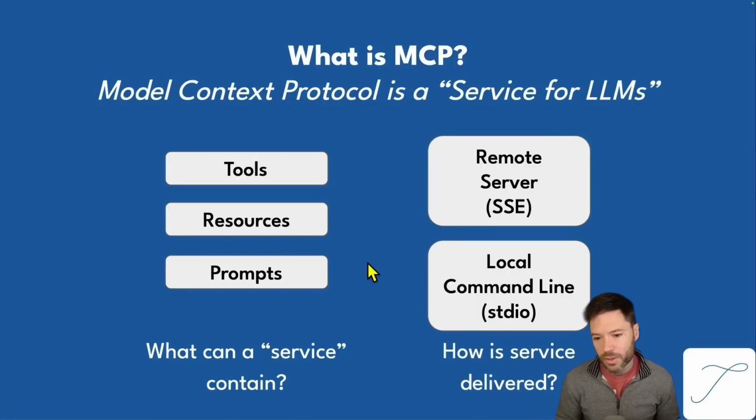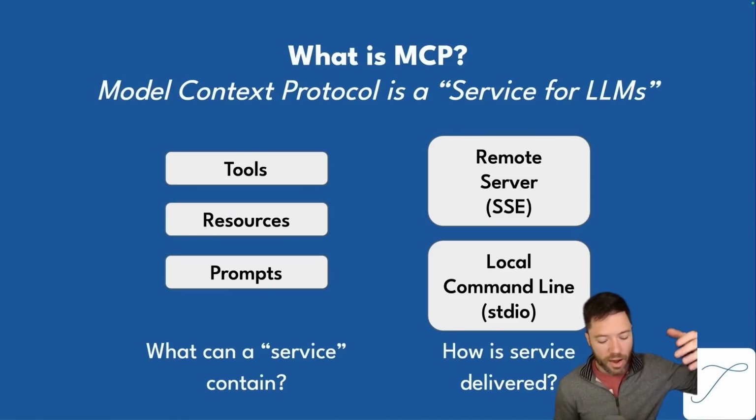Now, there are two ways to run an MCP service. You can run it locally or you can run it remotely. What does that mean? Well, if you have a tool service, this is again providing information on the tools available for GitHub and actioning those tools, actually making the changes to the repos. That tool can be run on your computer and interface through effectively command line, standard in out, or you can also run the service on a remote server.